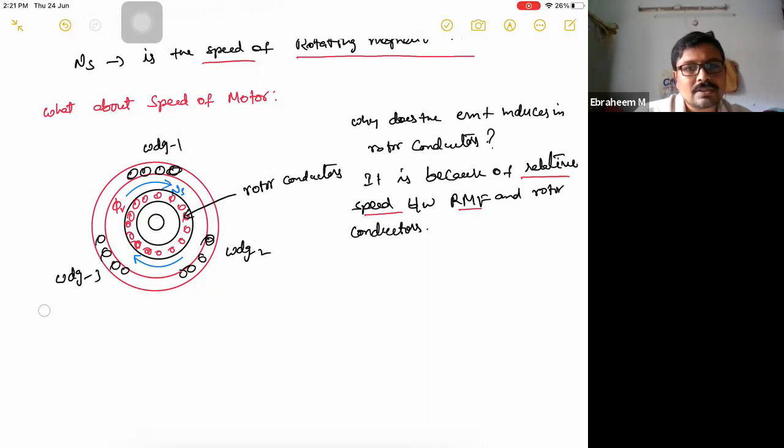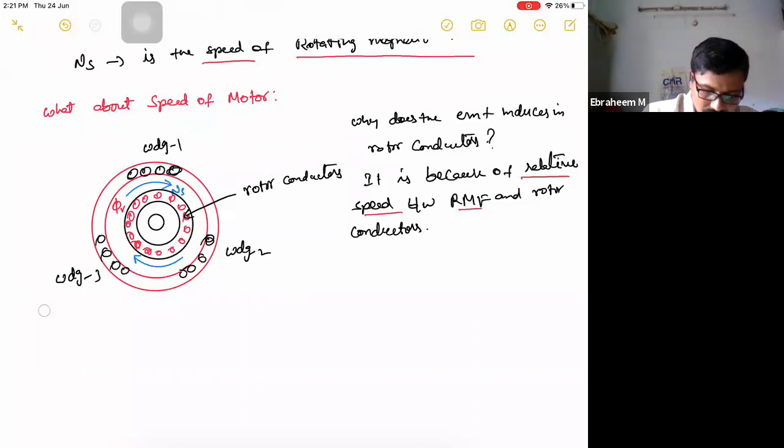Okay, so that is the important thing, right? So the EMF induced in the conductors depends upon the relative speed. If the relative speed between the stator field and the rotor conductors is more, then you will have more induced EMF.